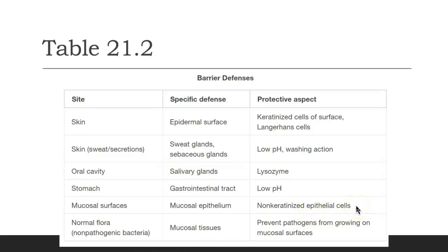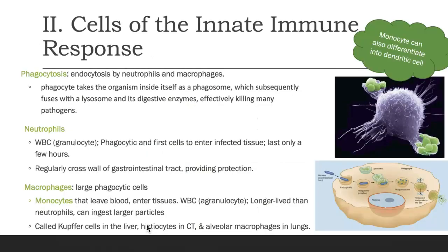And lastly, we have our normal flora, or good bacteria, as most people know it, and that can be found through our mucosal tissues and can basically take up real estate, so it can prevent the pathogens from growing on those mucosal surfaces.